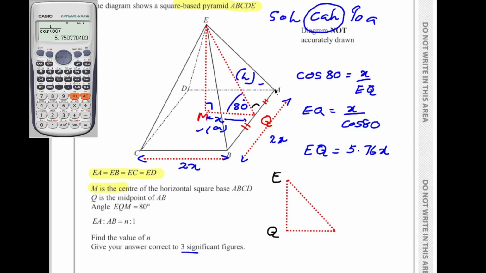This is not. Although this looks like it's 90 degrees, it is not 90. This falls along this pyramid, so you have to imagine it in 3D.